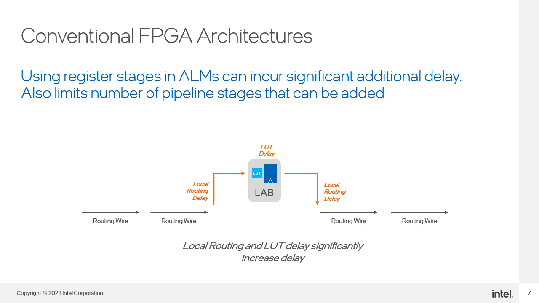As a result, these delays have the effect of limiting how many actual pipeline stages can be inserted in the path before no more clock performance improvement is gained.